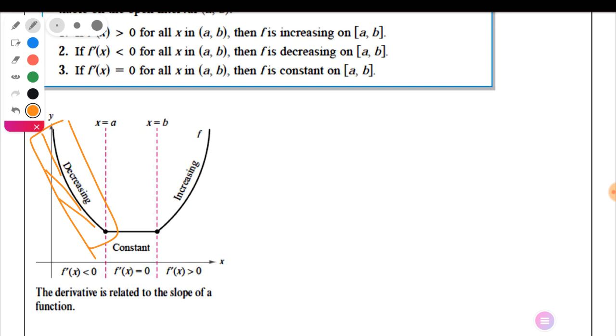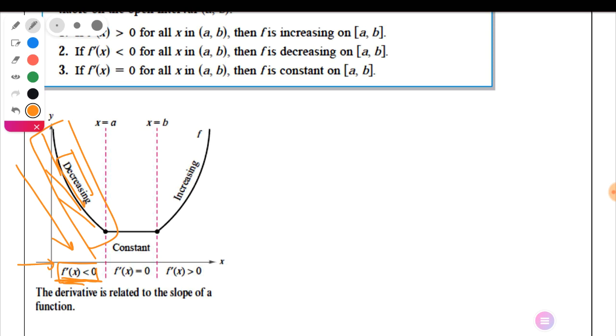Since its slope is negative, the derivative of the function is less than 0. And the behavior of the function is what? Decreasing. As x increases, y decreases. When the derivative of the function is less than 0, meaning negative, the function is decreasing.